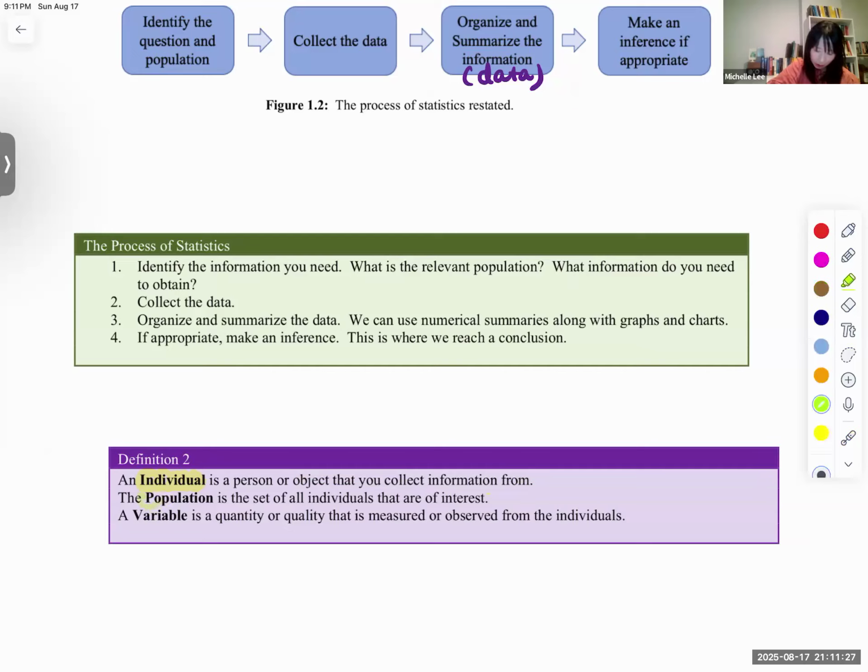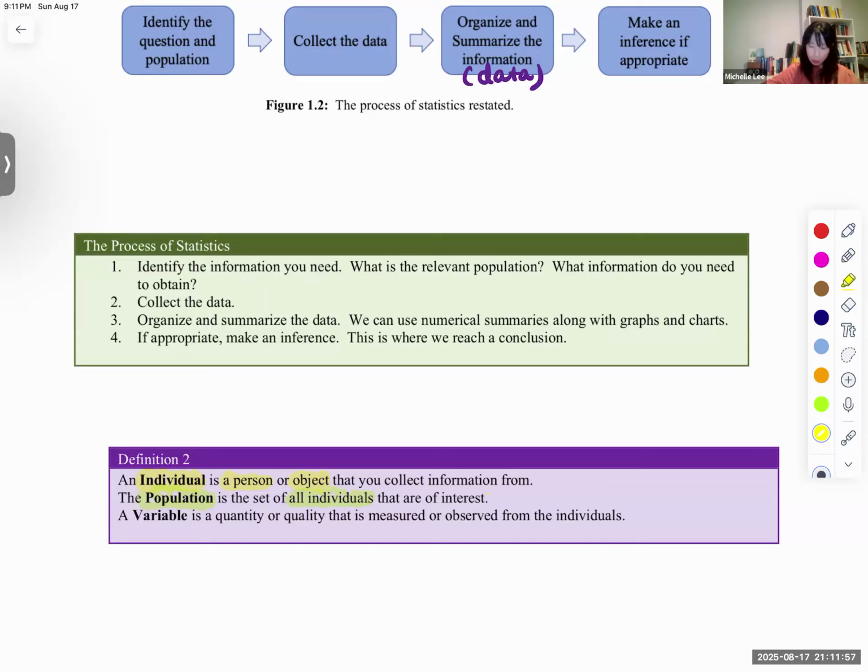It's the set of all individuals. So individual is a person or an object, but the population will be all the objects, all the people, right?